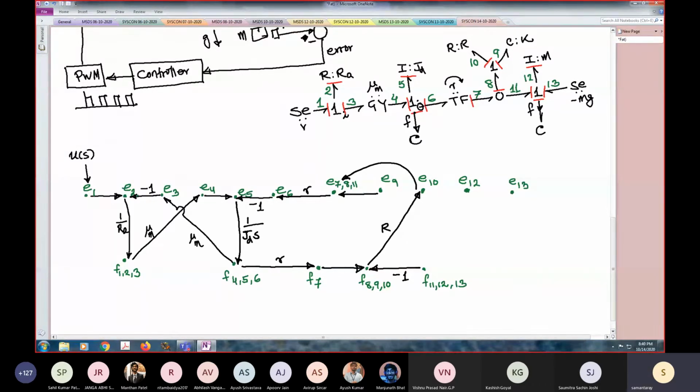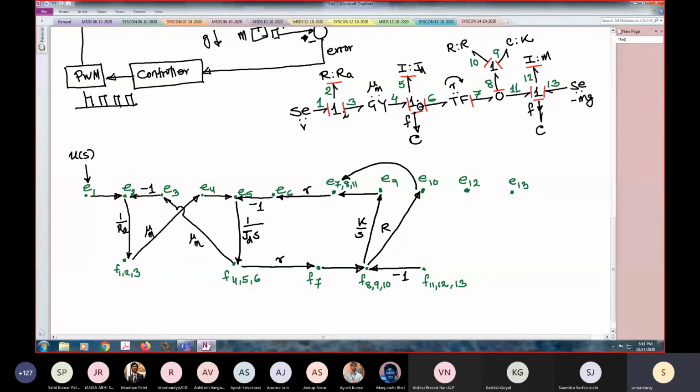That integration becomes 1 by S, and multiplying with stiffness, it becomes K by S. So flow 9 to E9, the gain is K by S. That means it is equivalent to an integrator and a stiffness. This gain is K by S.